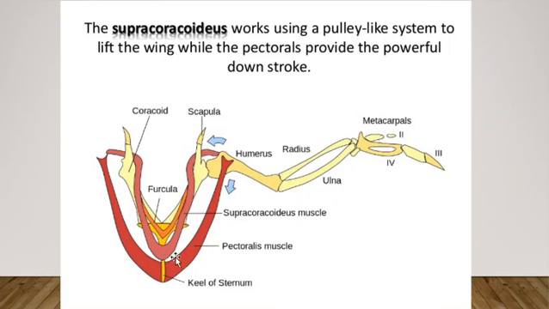So it will give a balancing action against the pectoralis muscle. While the pectoralis muscle acts on the powerful downstroke, the supracoracoideus muscle will give an opposite action for the wing.